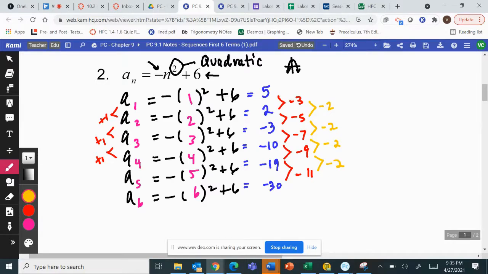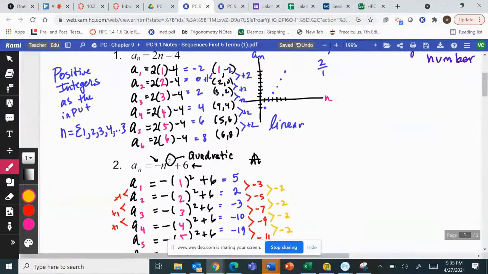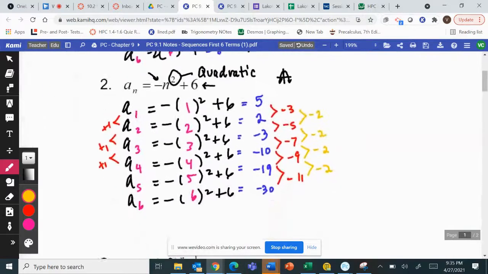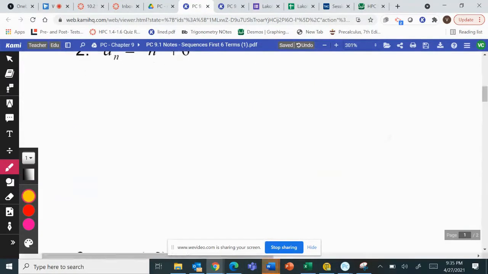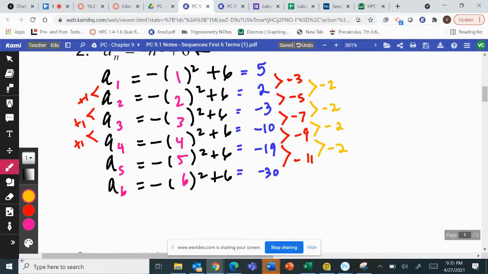So where linear was constant the very first time with its outputs, quadratic is constant on the second time that I find the pattern for the outputs. This thing that I'm doing right now, finding that pattern for the outputs, is called finding the finite differences.